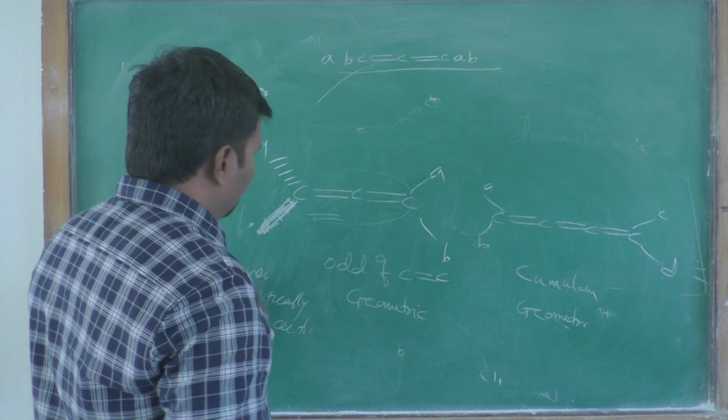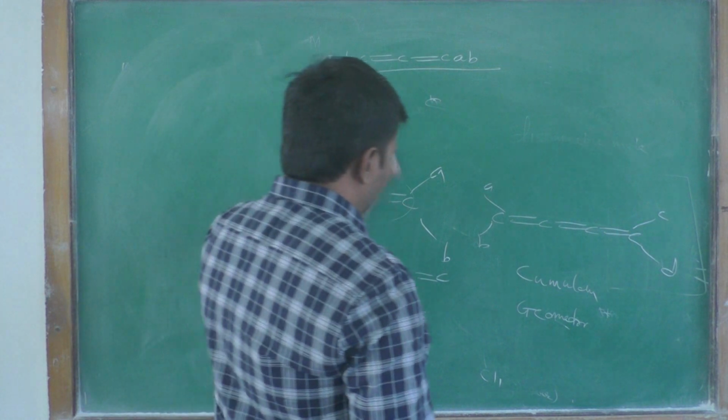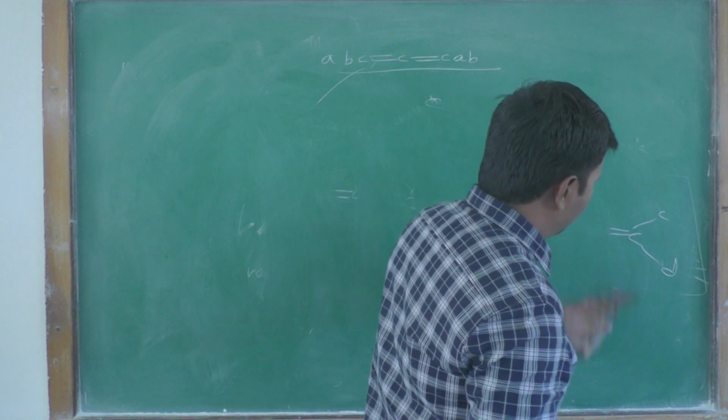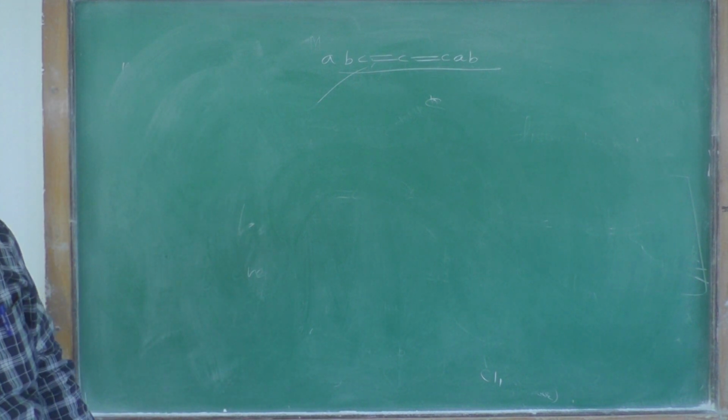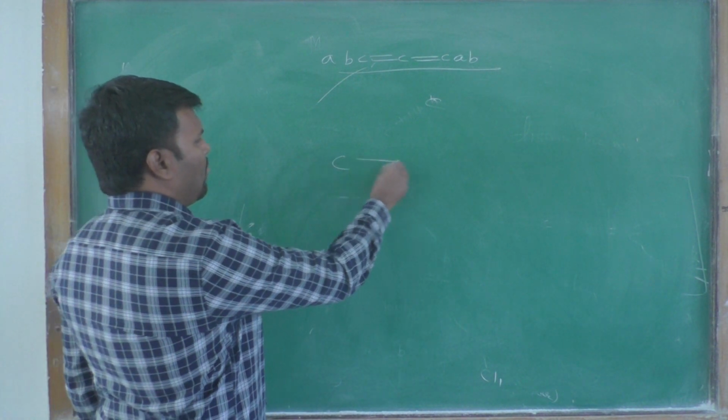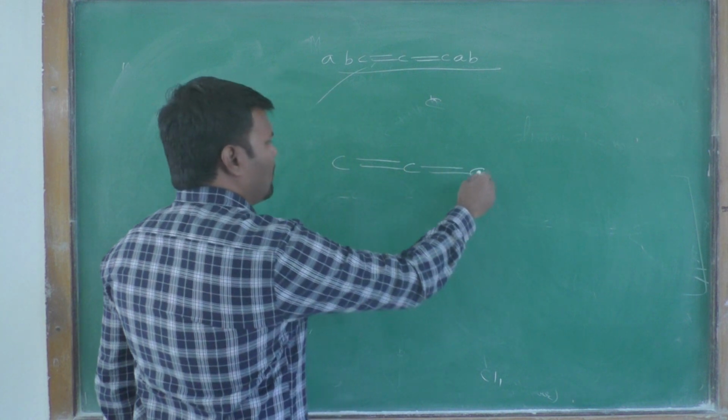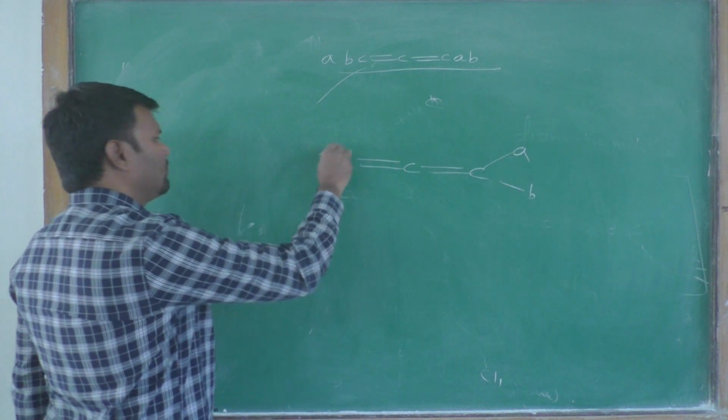Now if one of the double bonds is replaced by a ring, suppose our normal allene is like that.